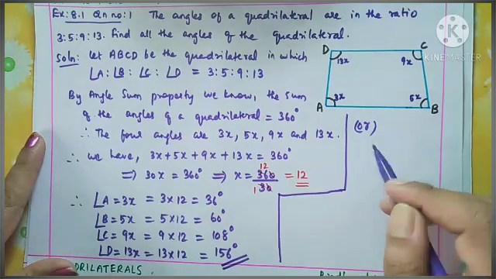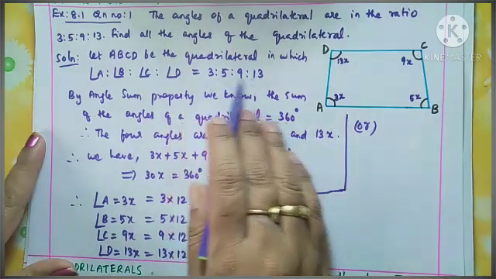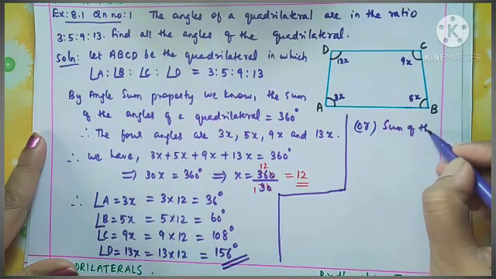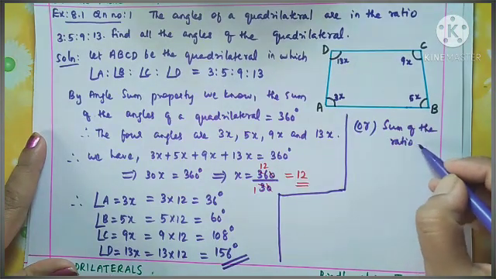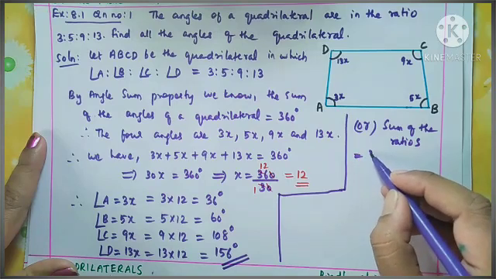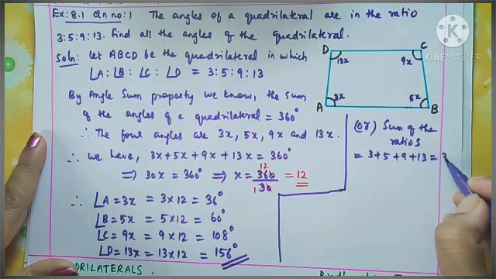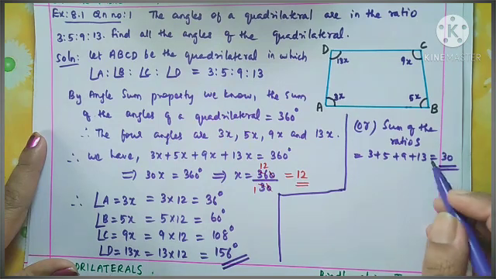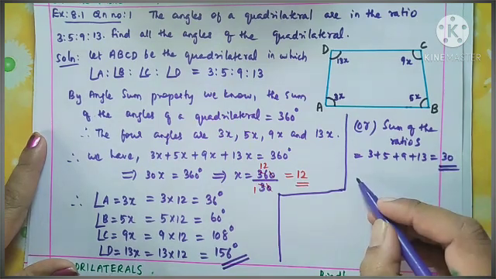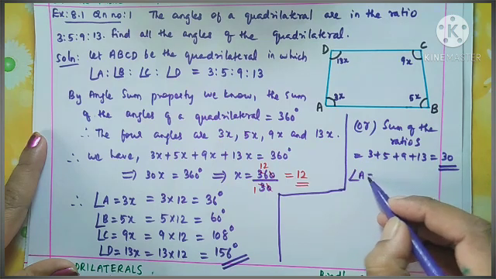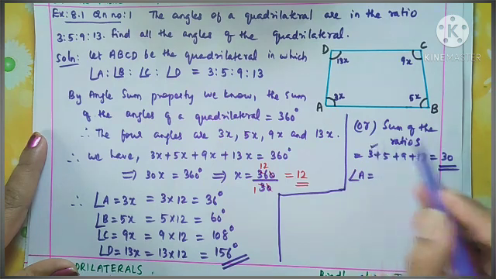Here the four ratios are given, so you can find the sum of the ratios also. The sum of the ratios is 3 plus 5 plus 9 plus 13, that is 30 totally. Now if you want to find angle A, angle A's ratio is 3, no?